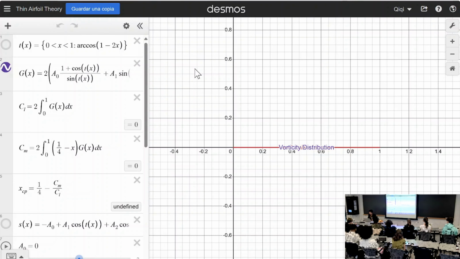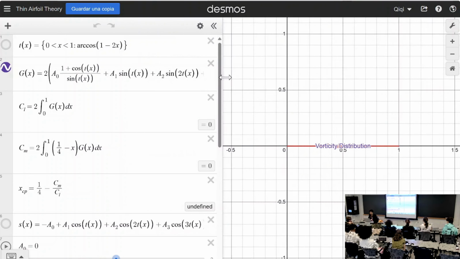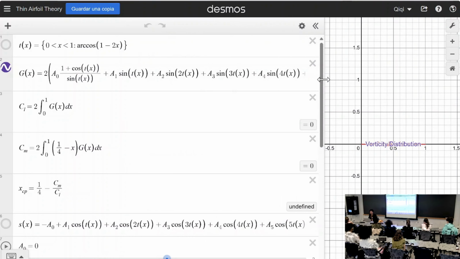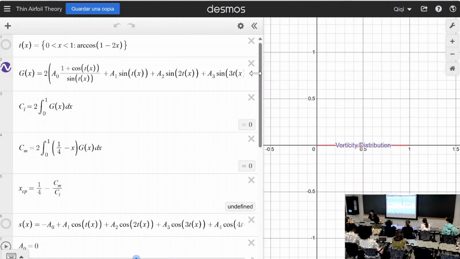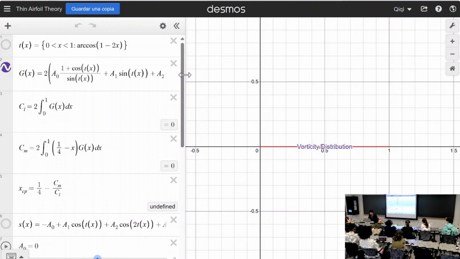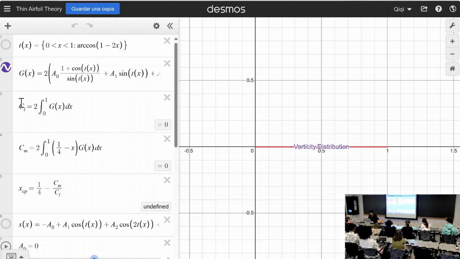Okay, so you see a lot of complicated mathematical expressions over here. Basically, that's a direct copy from the long derivation that comes out of the thin airfoil theory. But what is critical here is that we have the lift coefficient integrated over here.